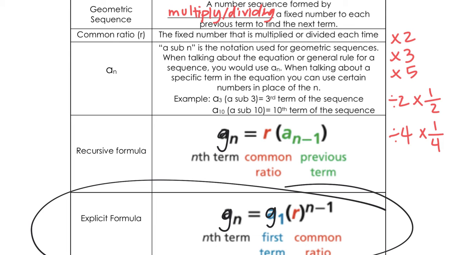So we have whatever it was multiplying by, and that exponent is going to be n minus 1. We're going to use this in order to make some equations and possibly find like the 27th term. It will help us to find any term number in the sequence instead of continuing that pattern as far as we possibly can. So let's look at some examples together.